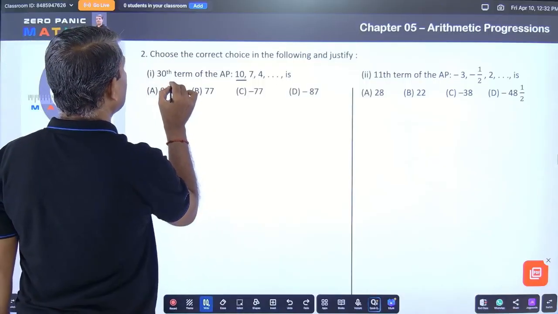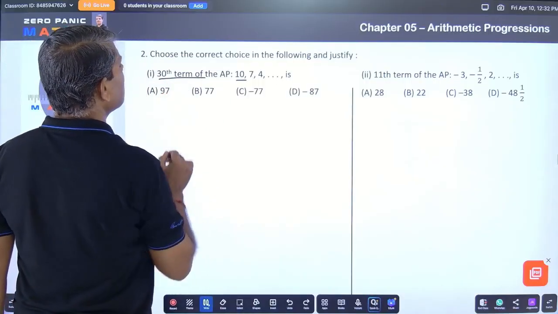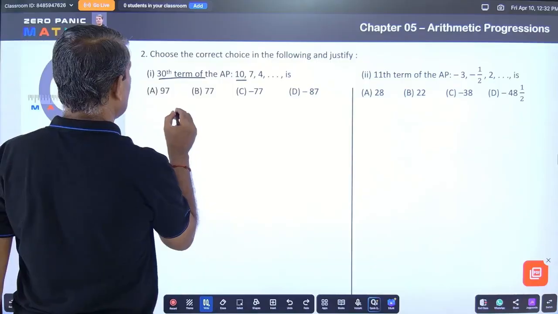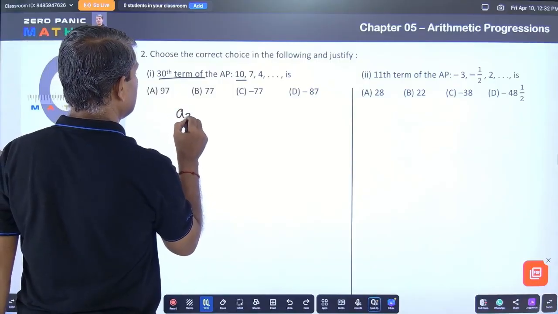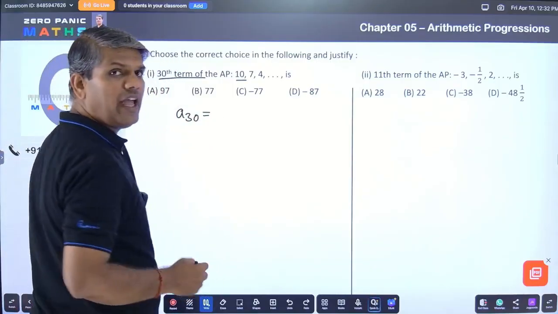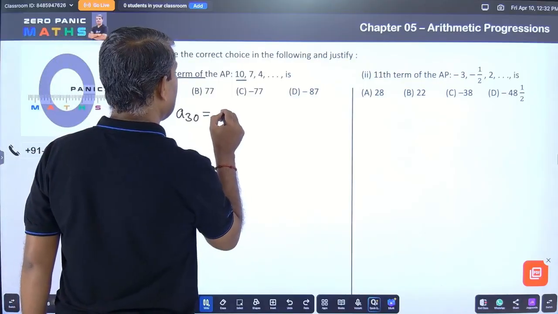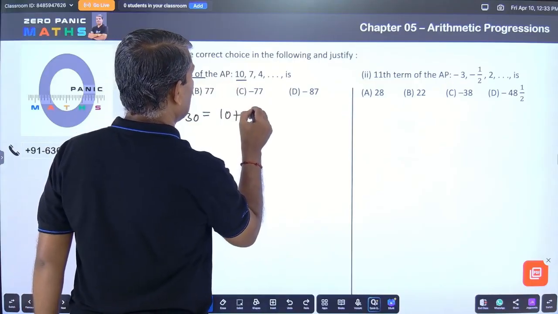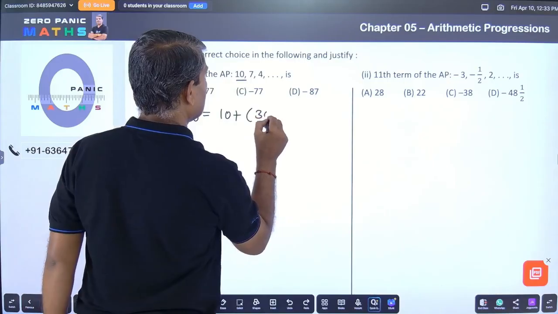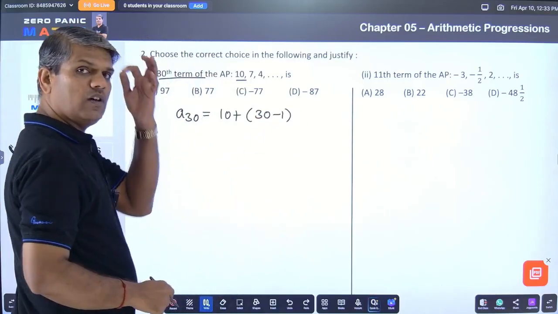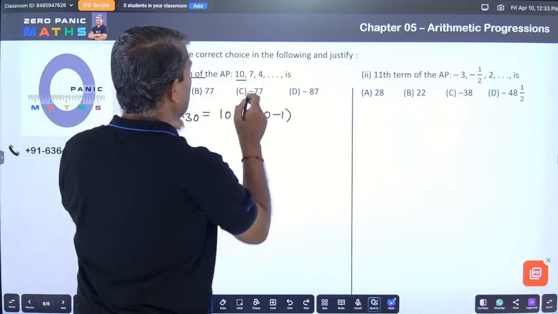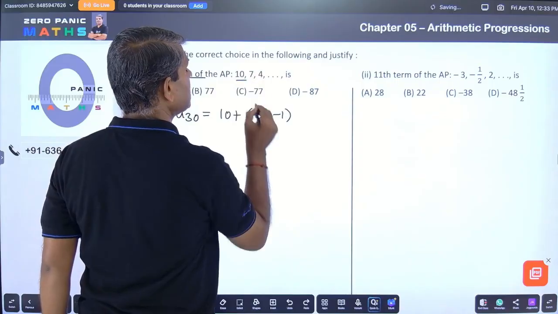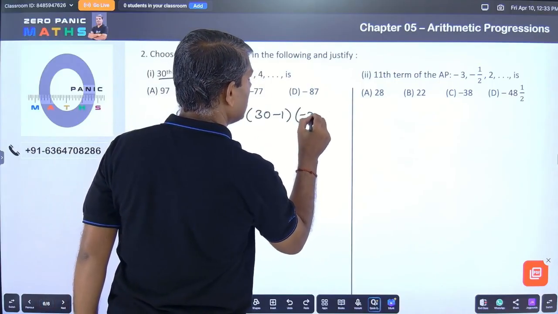Now what is to be found in the first problem? It is the 30th term. 30th term means n is equal to 30. So what is to be found is a30. What is a? a here is 10, the first term. And n is 30, so 30 minus 1. And what is d? It is 7 minus 10, 4 minus 7, which is minus 3.